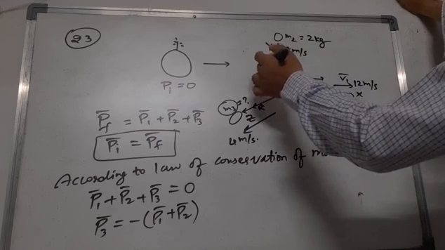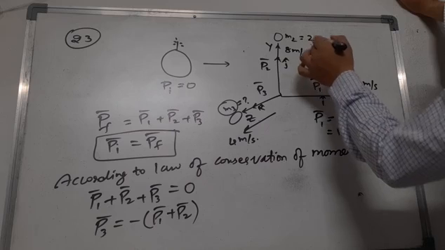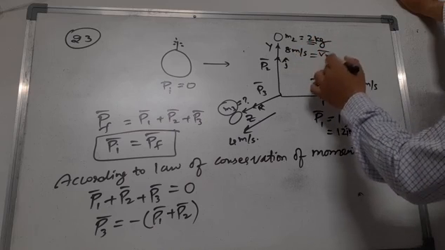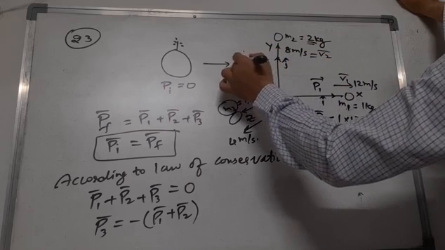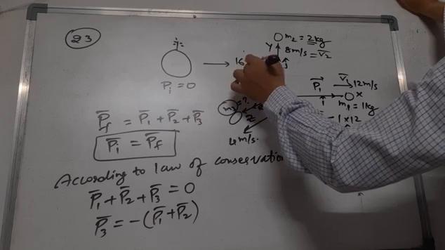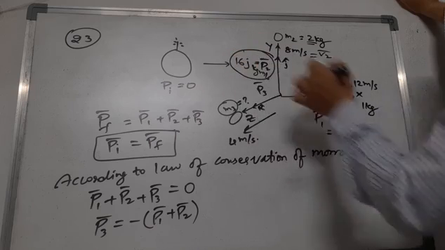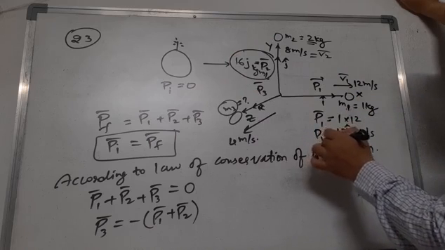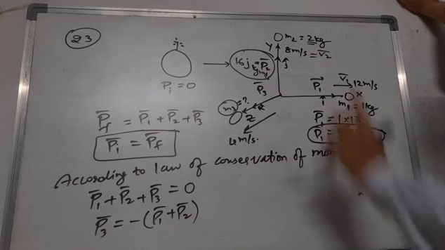Similarly, P2 momentum we want to find. So this is the velocity V2 into mass 2 kg. V2 into 2 into 8, how much it is? 16. So you will get 16 j cap kg meter per second. This is the P2 value. This is the P1 value we got.